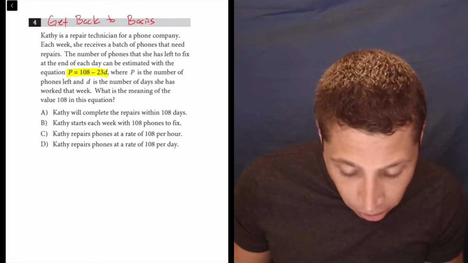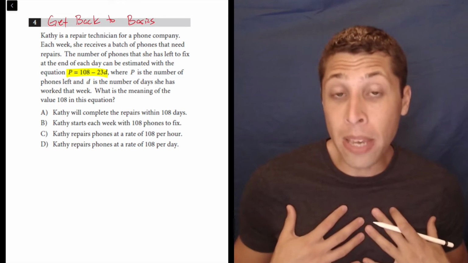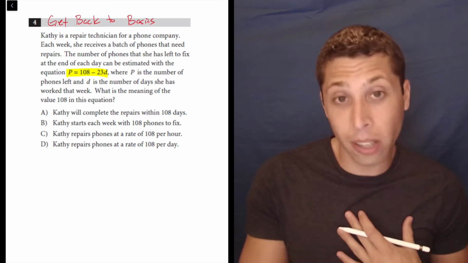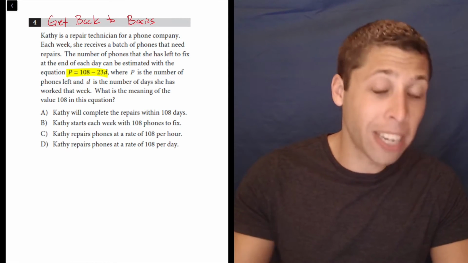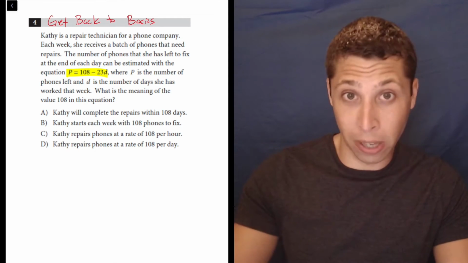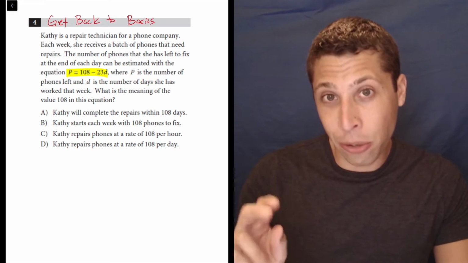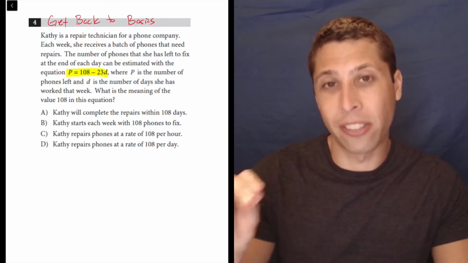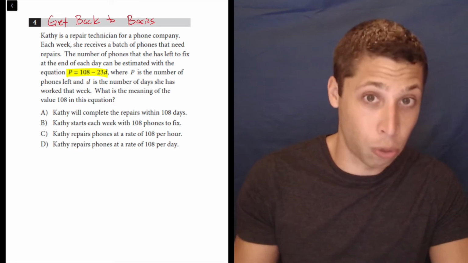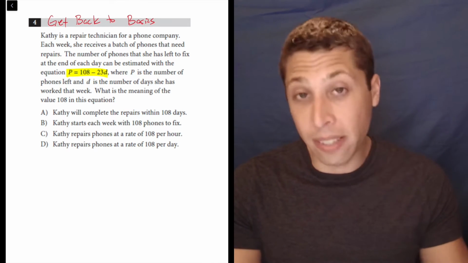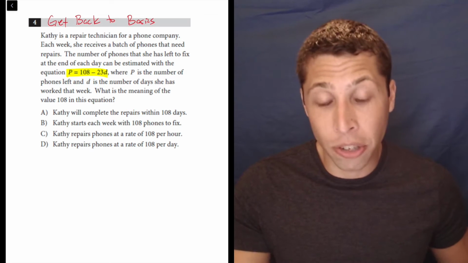We can see that there's an equation. And so my mind is drawn to that equation, and I look at it, and I see if I can recognize what it means without the story. Because if I can get back to the math topic that they're testing, I'm much more likely to understand both the question and the story. So what is it? Well, it's the most common equation you're going to see on the SAT.